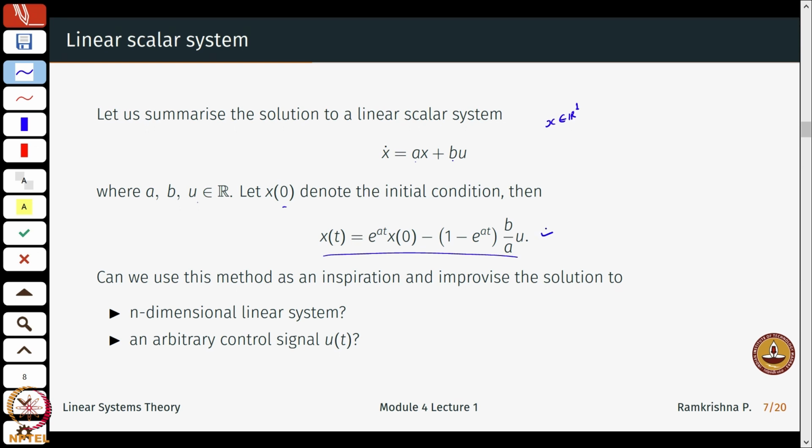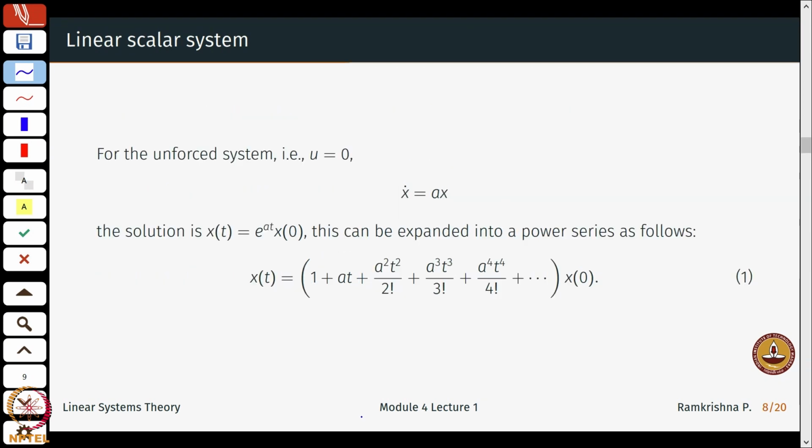Now, can I do something more? Can I write this for an n dimensional system? That is what we will be interested in, and of course, any arbitrarily time varying control signal u of t. So, that is what we will spend time doing. Let us first start with the unforced system. It is equally interesting to look at the solutions of the unforced system.